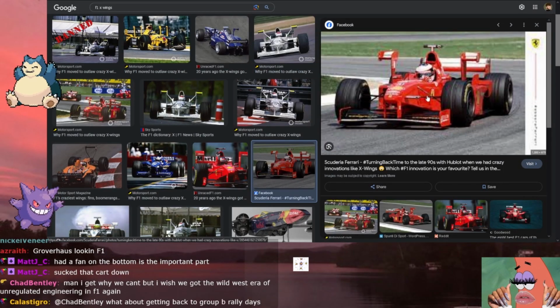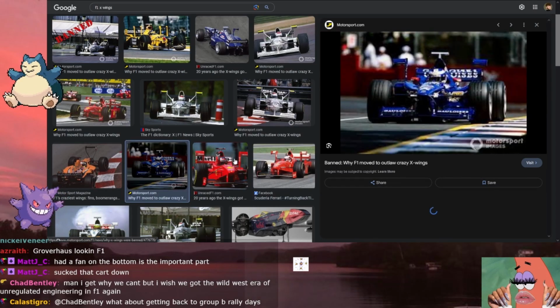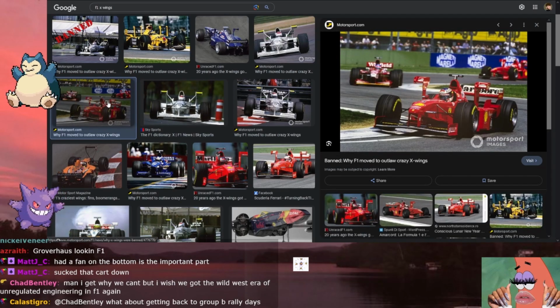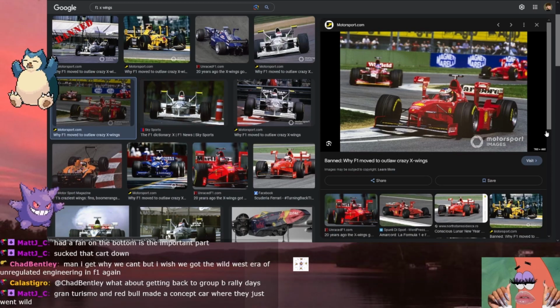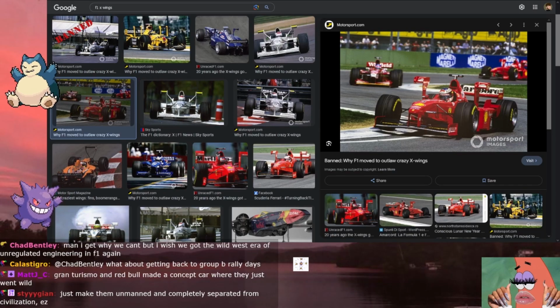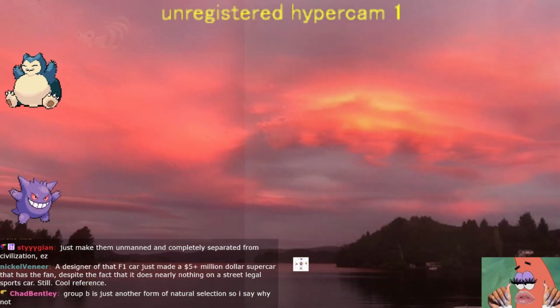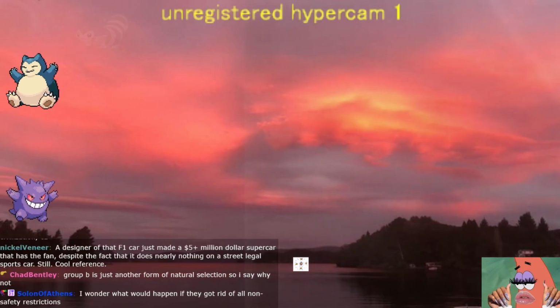The stupidest little things you've ever seen in your life. They got banned pretty quick too. The designer of that F1 car just made a $5 million supercar that has the fan, despite the fact that it does nearly nothing on a street legal sports car. I love that.